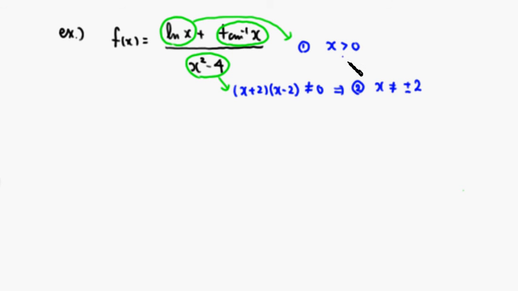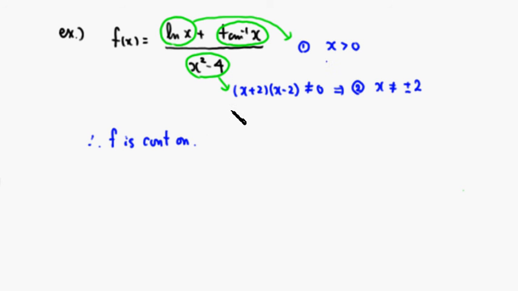Combining 1 and 2, x has to be greater than 0, and at the same time cannot be 2 or negative 2. Negative 2 is already eliminated by the first one. So therefore, we know that f is continuous on the domain.